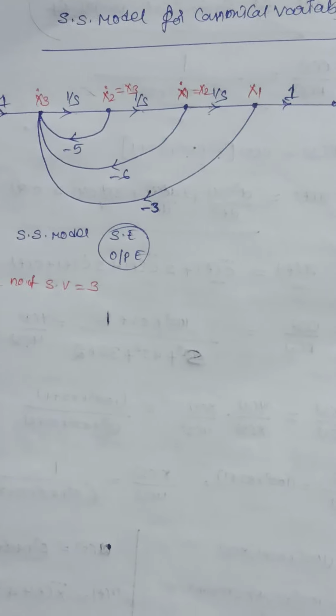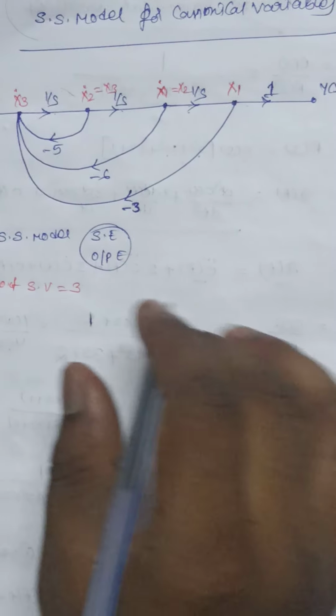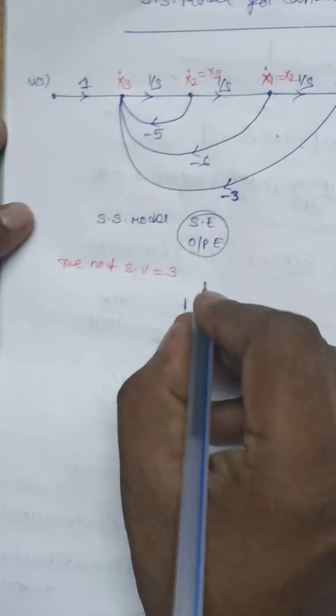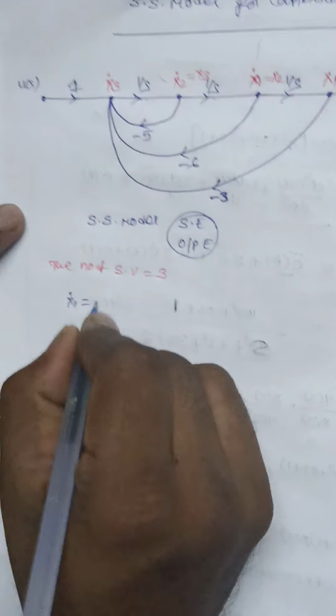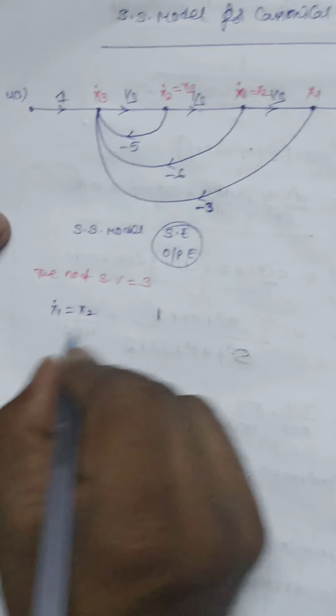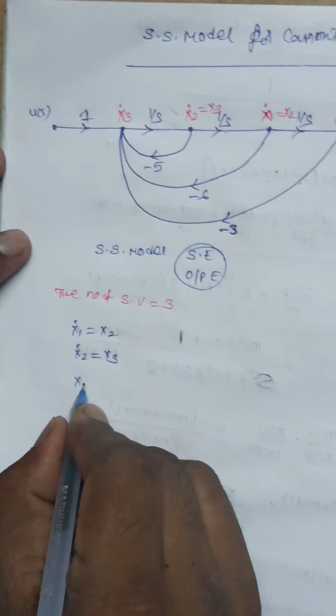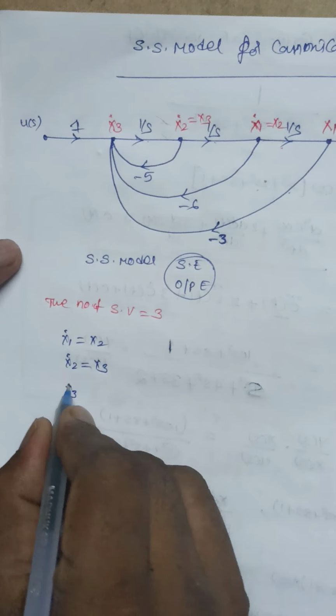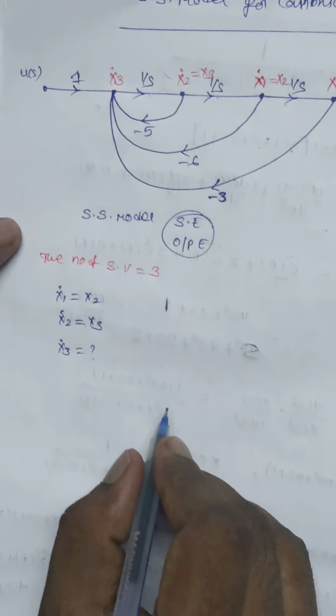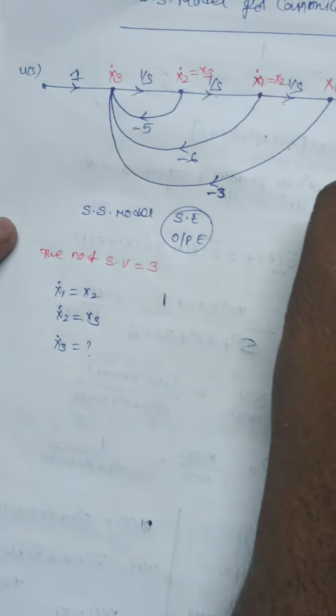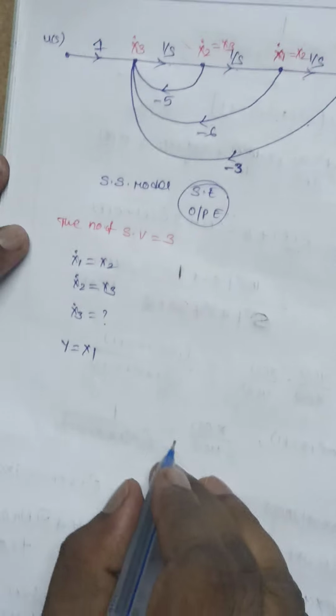Now you know that x1 dot is equal to x2 from this, x2 dot is equal to x3, and here I need to find x3 dot. What is x3 dot? Also, y is equal to x1 into 1, so y is equal to x1.